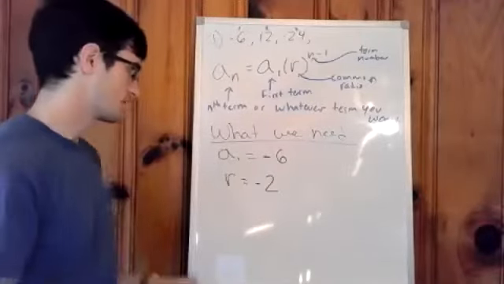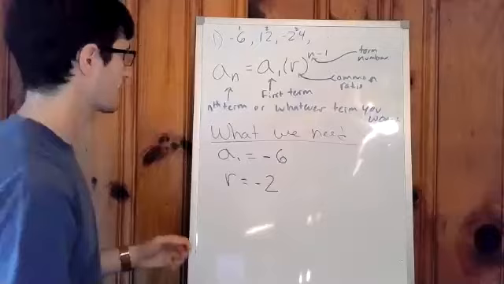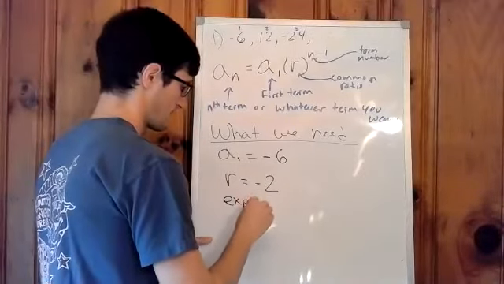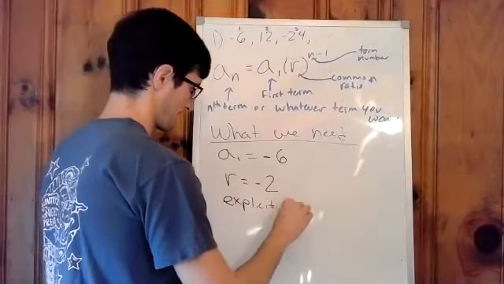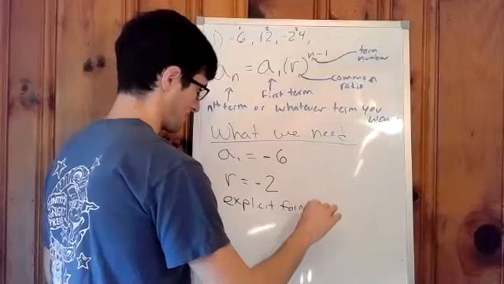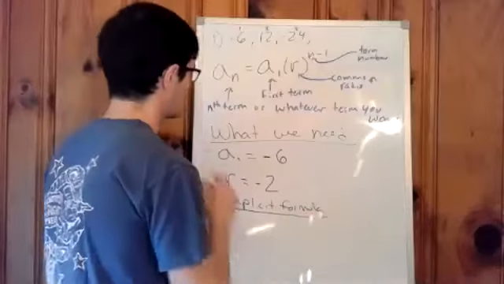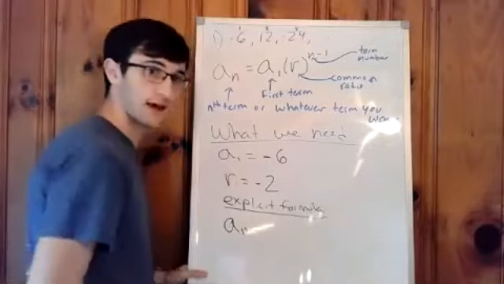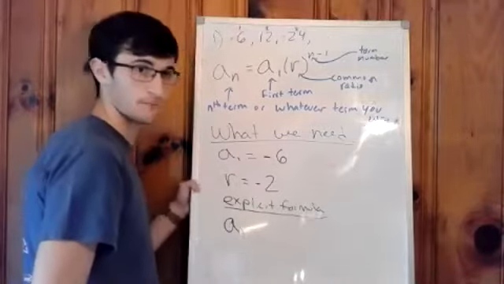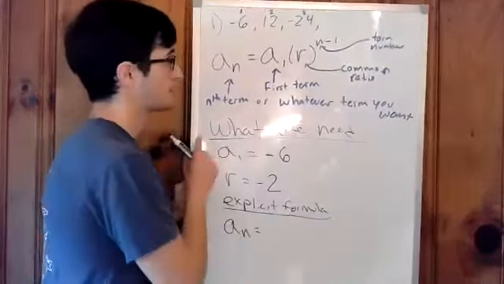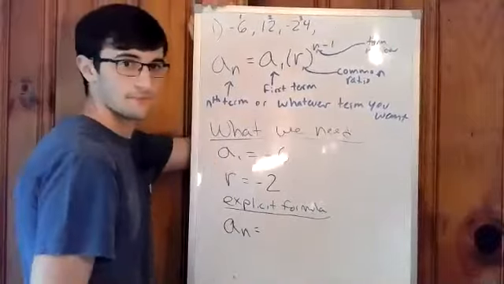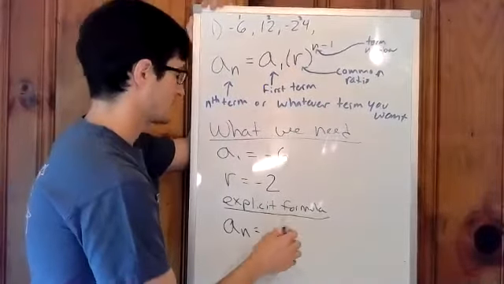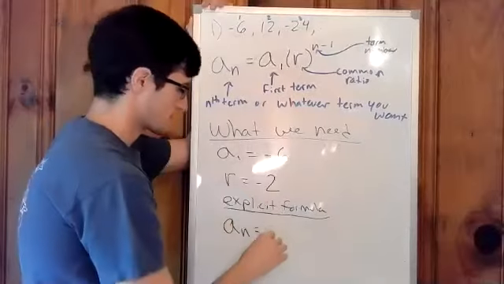Okay. So now that we have this, we can fill in the blanks for our formula. So for the explicit formula, it's going to be a sub n, and then you fill in the blank on the first term.